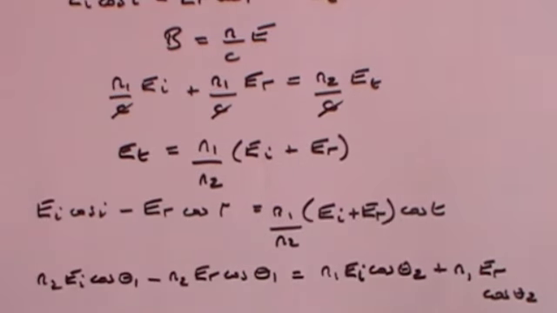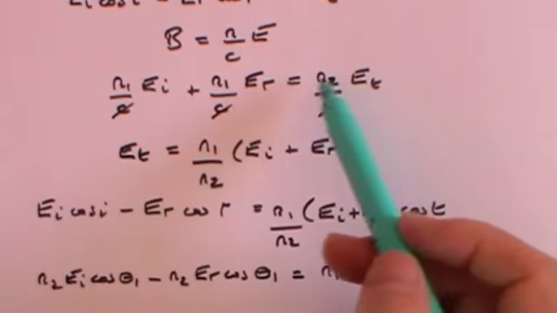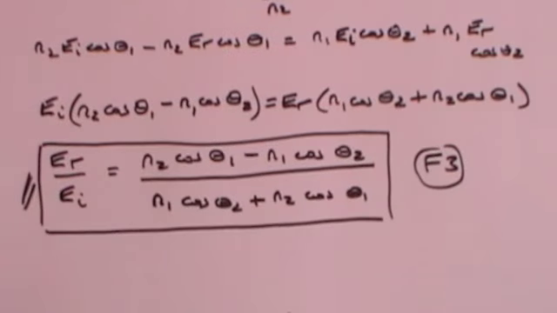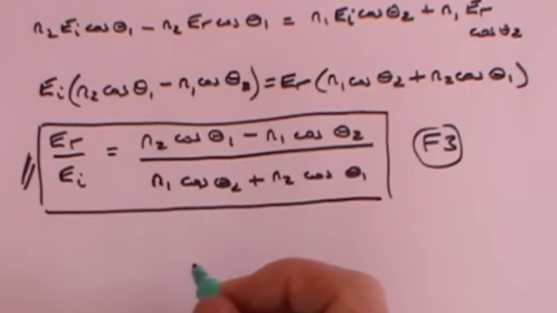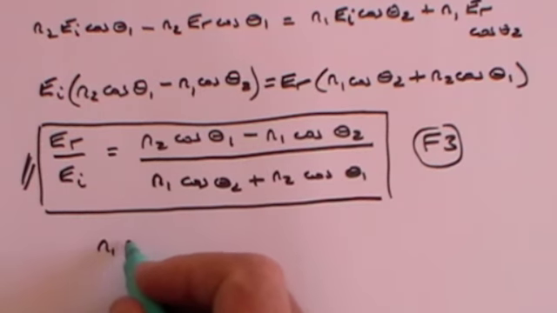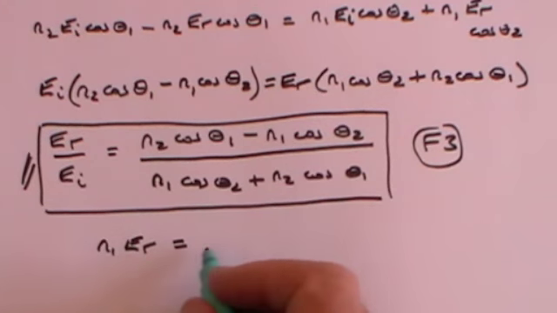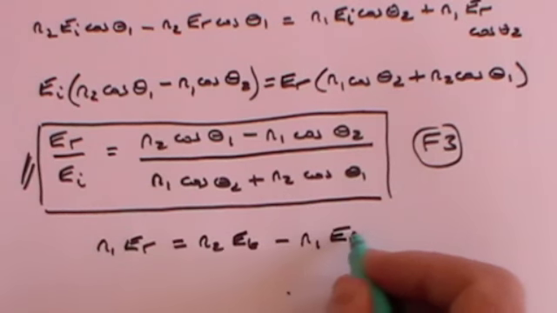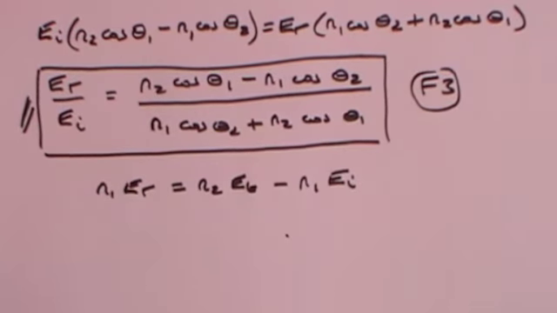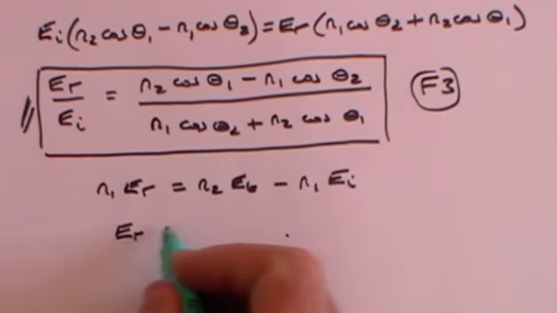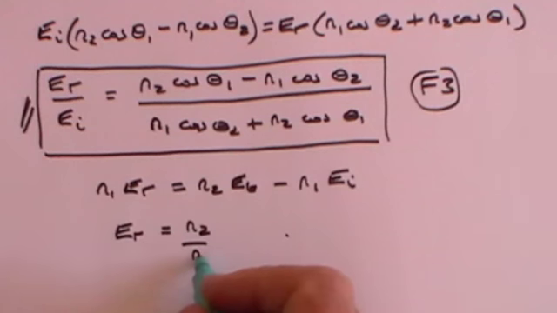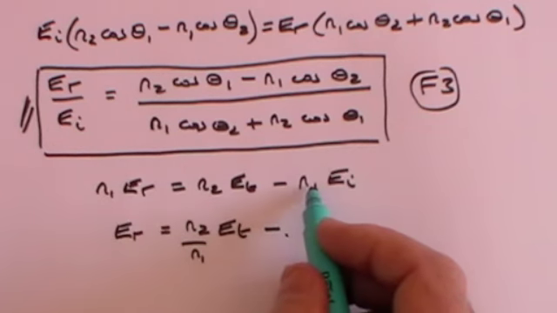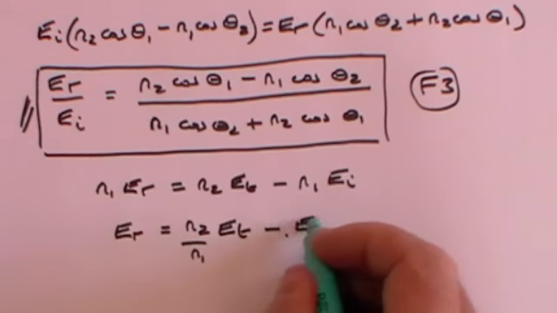If we look at this equation here, divide by N1 and rearrange, we will get that N1 ER equals N2 ET minus N1 EI. And that means we can get an equation for ER, which is equal to N2 over N1 ET, by dividing by N1. And now N1 divided by N1 is just 1, so that's minus EI.